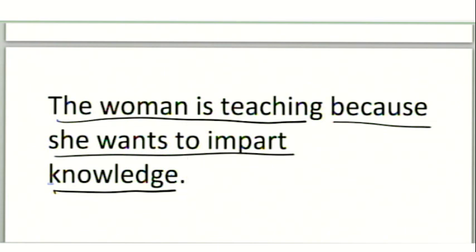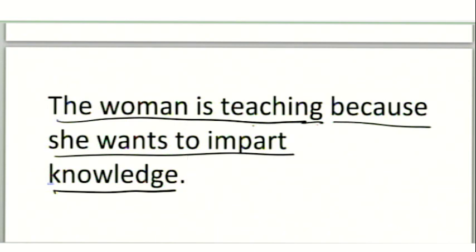Now, if we look at these two clauses, one can stand on its own to make clear meaning. The other will have to depend on other information to convey meaning. The woman is teaching. You will all agree with me that the meaning is complete and we understand what is being said.